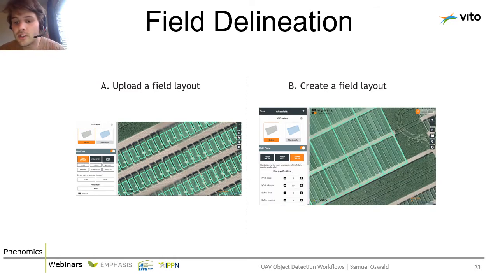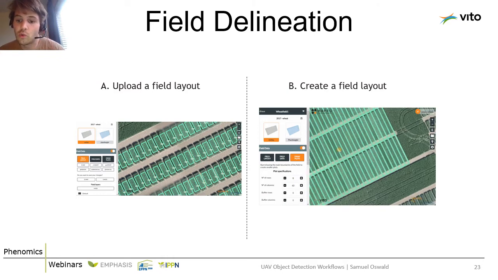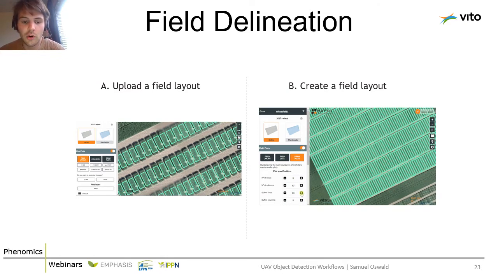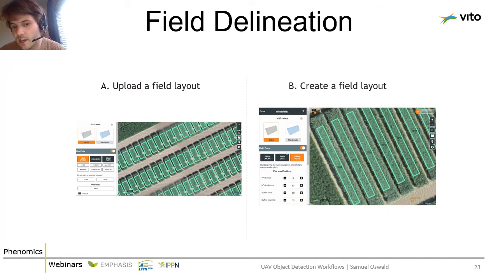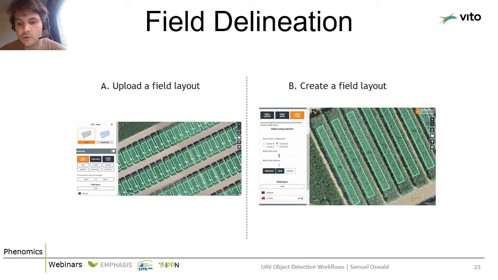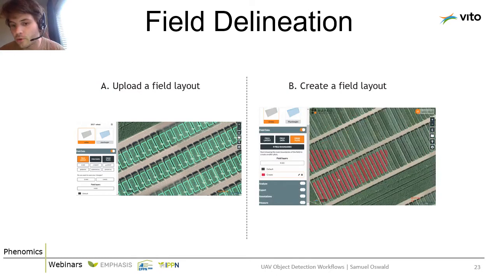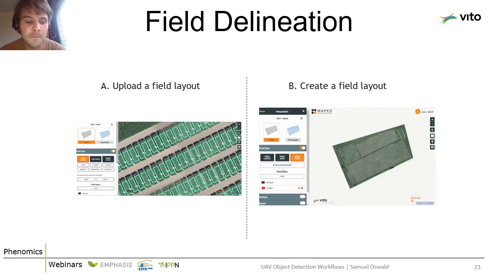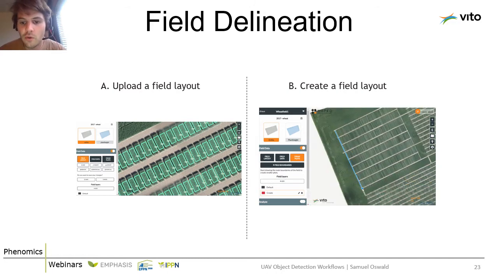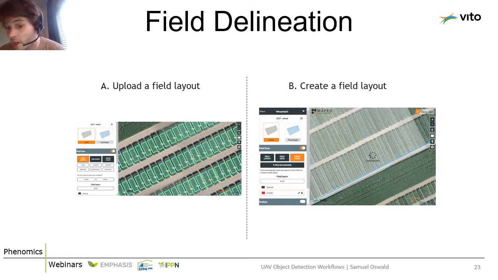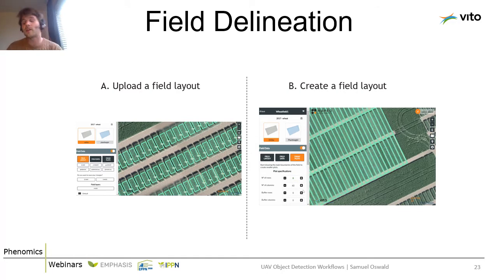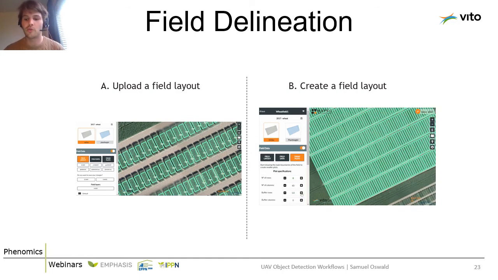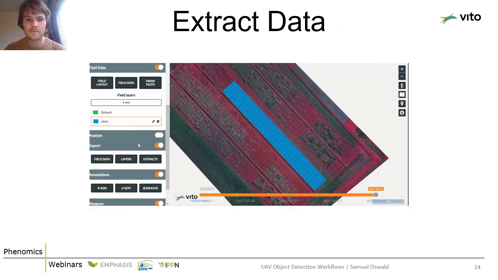The delineation, so that you would probably want to export your data in plots. So you want to get your plot statistics, and we provide the tools to create these plots or to upload your own plots if you've already defined the field data. And from here, export statistics both for raster data such as NDVI or plant height products, but also for the vector products which are produced through object detection methods.